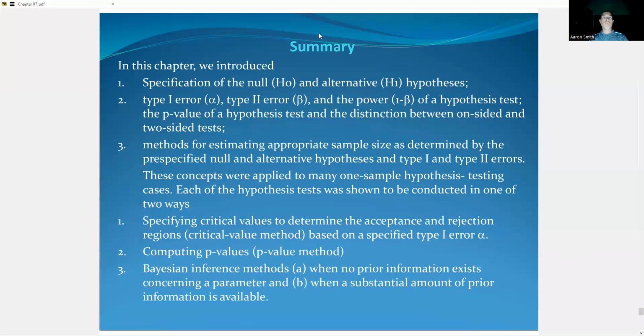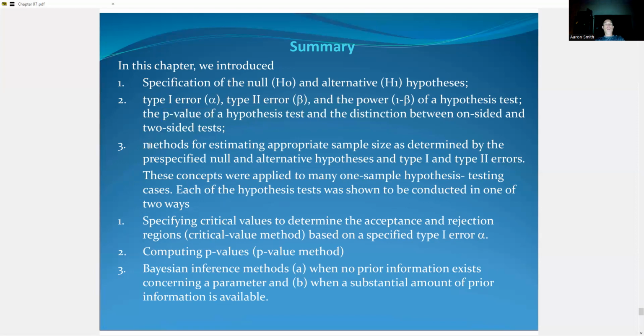In this chapter, we introduce specification of the null and the alternative hypotheses, type 1 error risk of alpha, type 2 error risk of beta. The power is 1 minus beta, and in a hypothesis test, the p-value is the shaded region more extreme than what we observed, and there's this distinction between one-sided and two-sided tests.